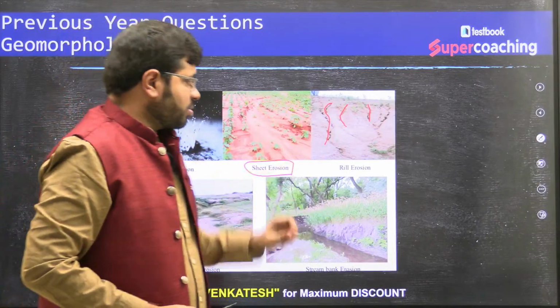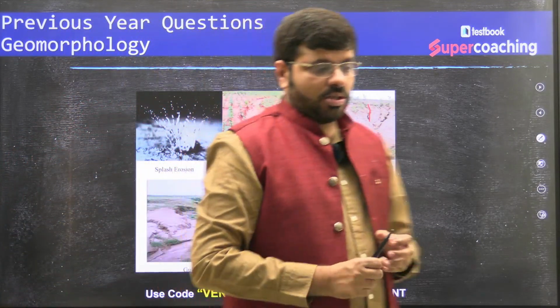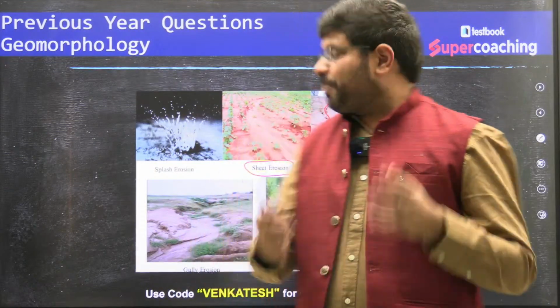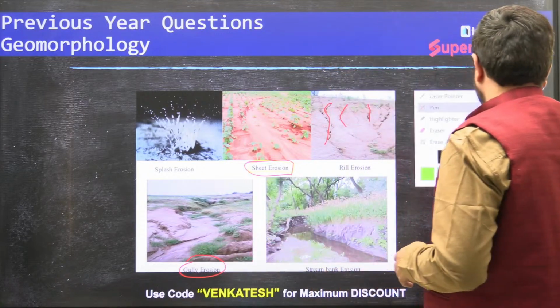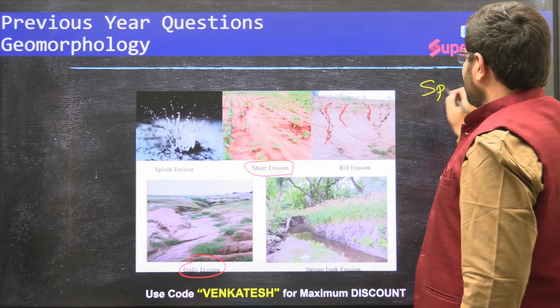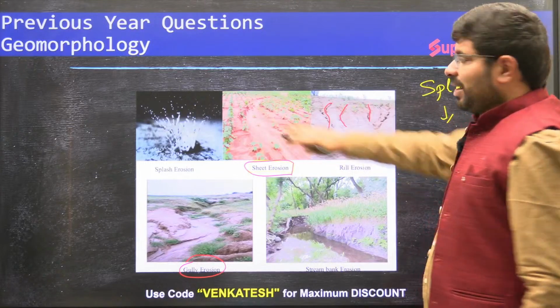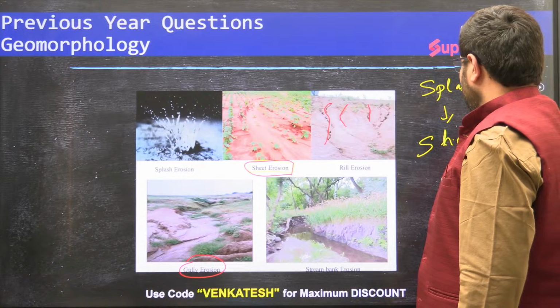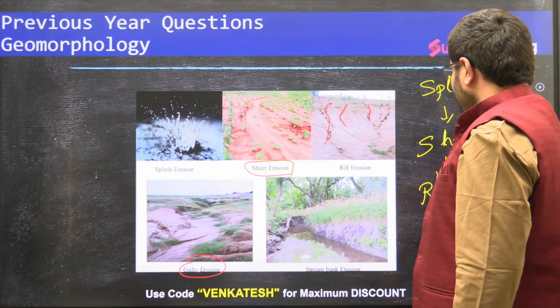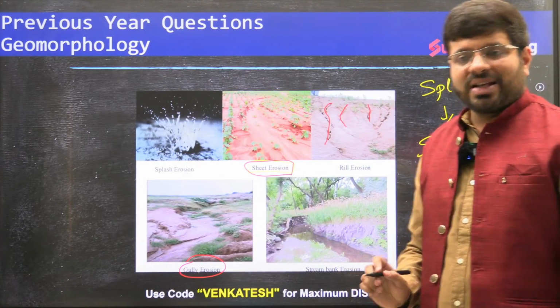This is rill erosion. When such rills become much bigger, deeper, you will find them as gully erosion. So what is the order? It will start with splash, then the top layer will be eroded, the sheet erosion, then that will lead to tiny cracks called rills.